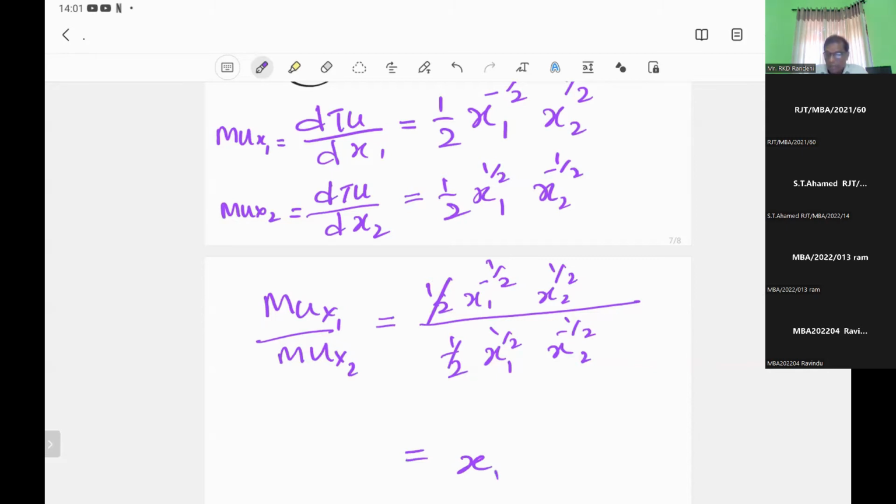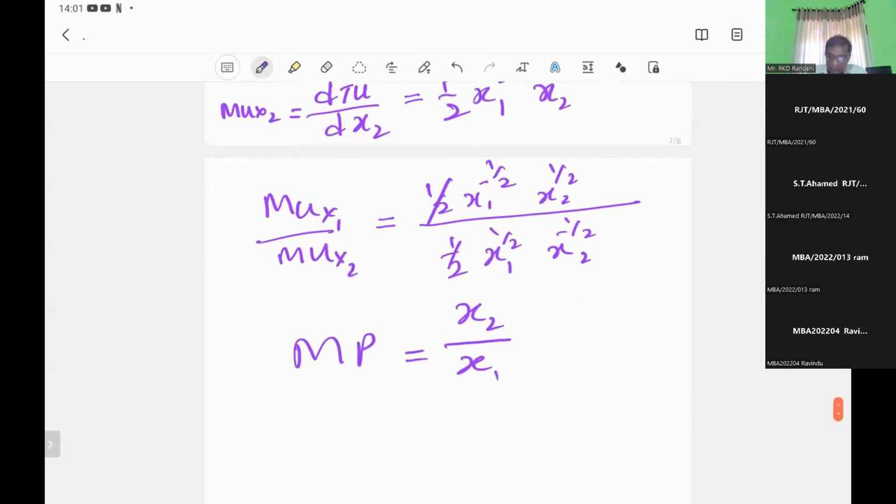Then x2 to the power minus half comes to this side, then plus. That gives x2 over x1. This is MRS.